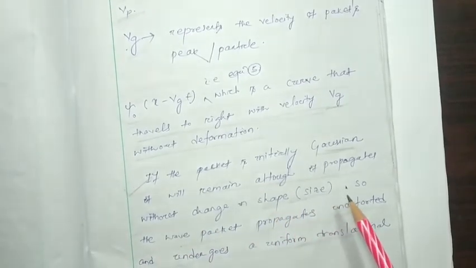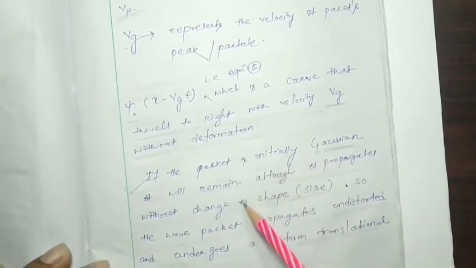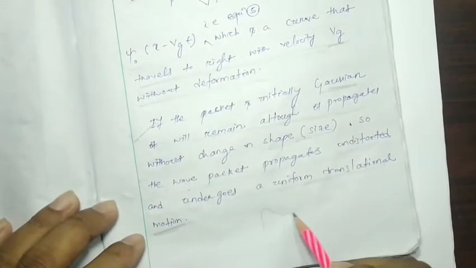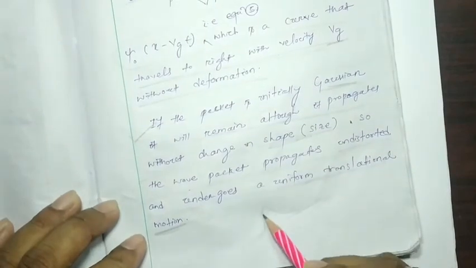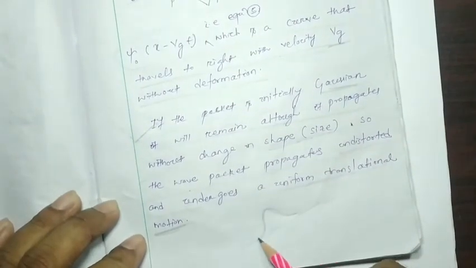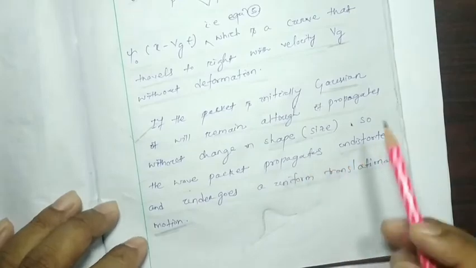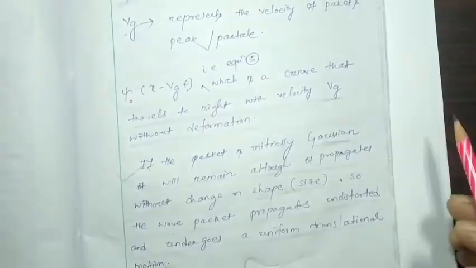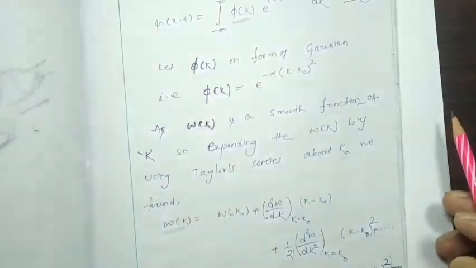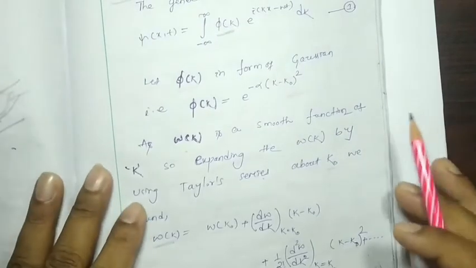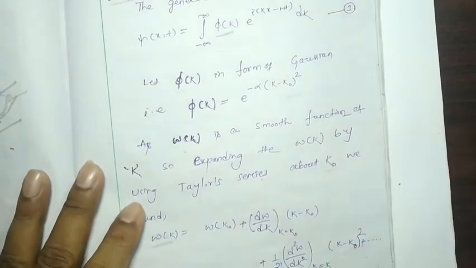So there is no spreading of the Gaussian packet in the non-dispersive case. I suggest that before you watch today's video, you at least go through the last two videos.